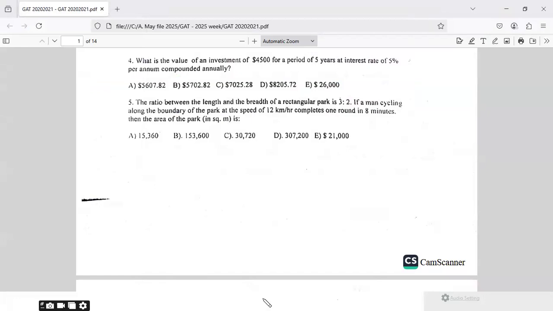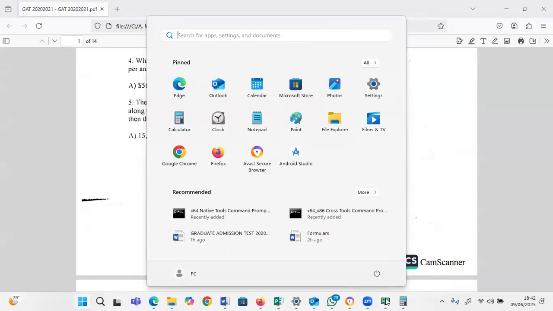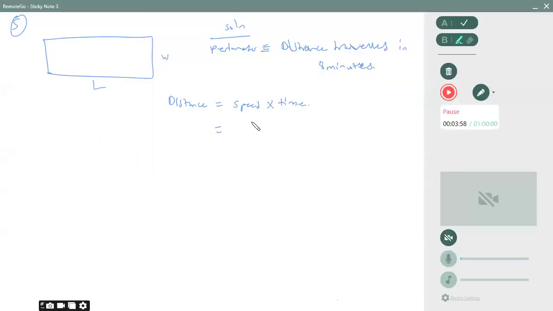Okay, we are going to find a way to convert. So after that, this one is 12 kilometers per hour times the time. Remember the time is 8 minutes.